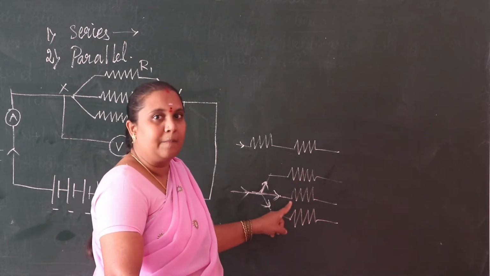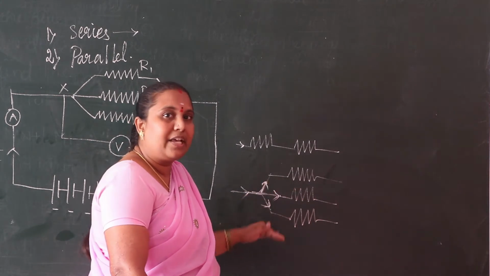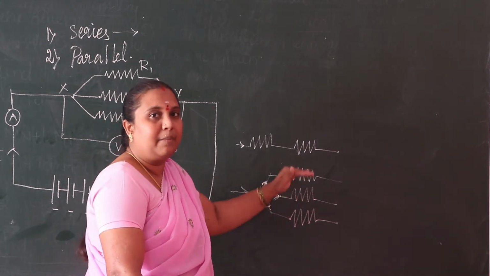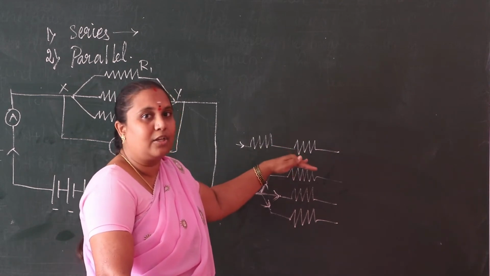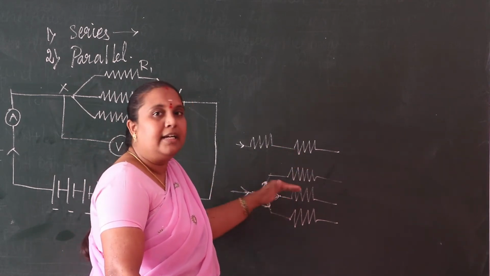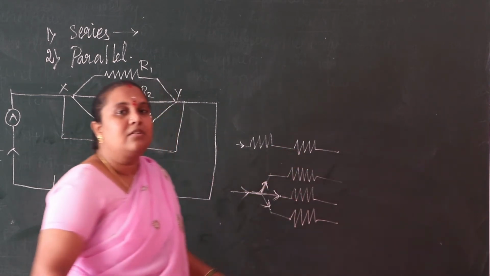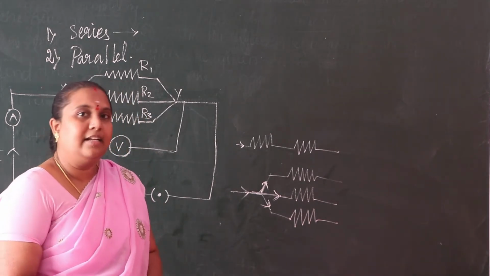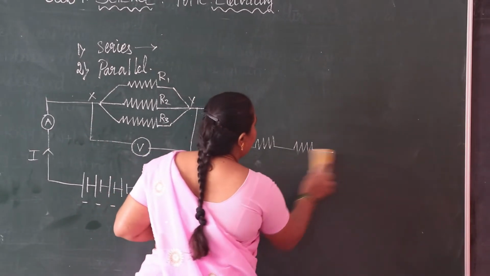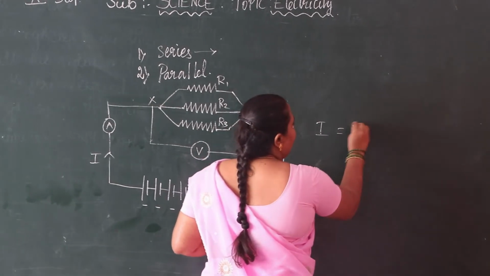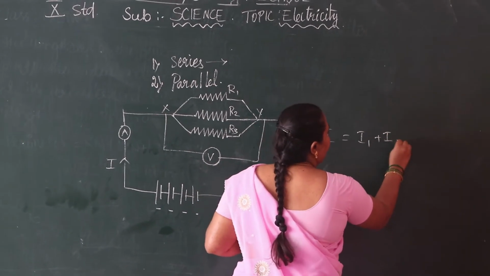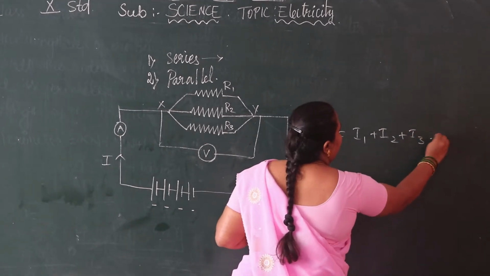It differs. So we can't say the potential difference here is the same, that is V1 plus V2. We took it like that in the series circuit, but here in parallel it differs. So now we should take the electric current I. Electric current I equals I1 plus I2 plus I3, etcetera.